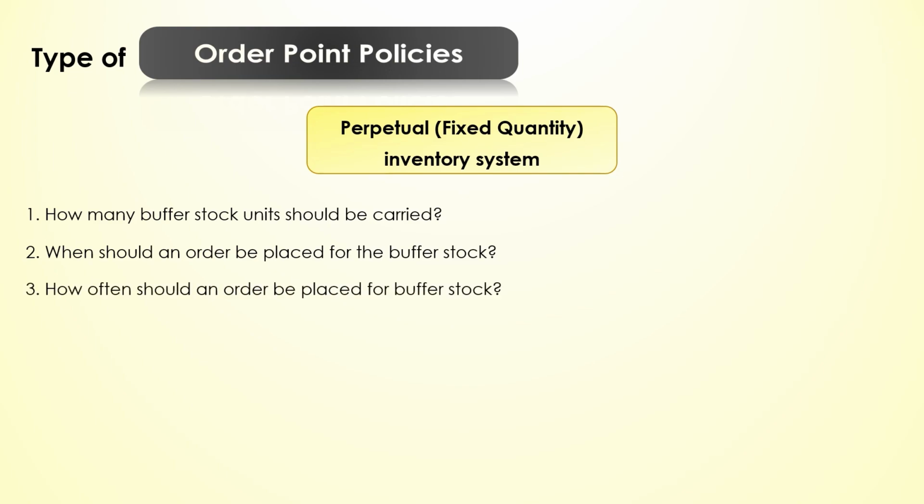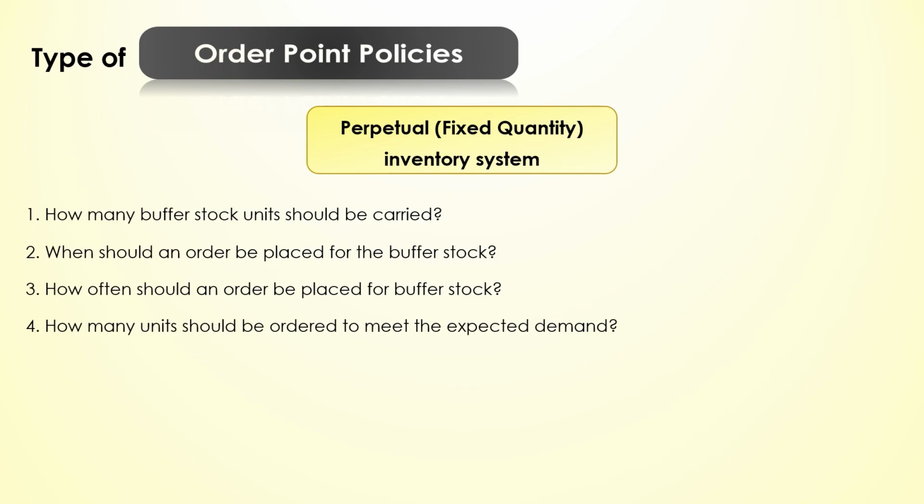Number three, how often should an order be placed for buffer stock? Once, and then whenever the buffer stock level needs to be updated. Number four, how many units should be ordered to meet the expected demand?